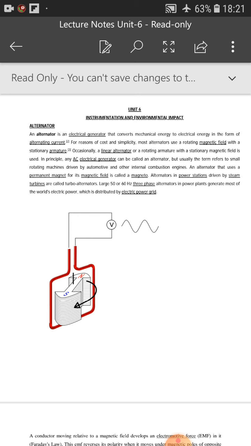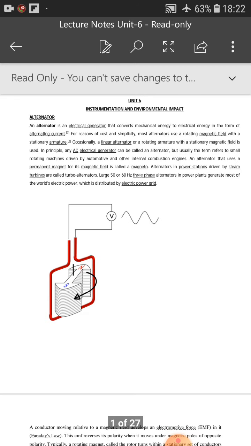First one, alternator. An alternator is an electrical generator that converts mechanical energy to electrical energy in the form of alternating current. For reasons of cost and simplicity, most alternators use a rotating magnetic field with a stationary armature.